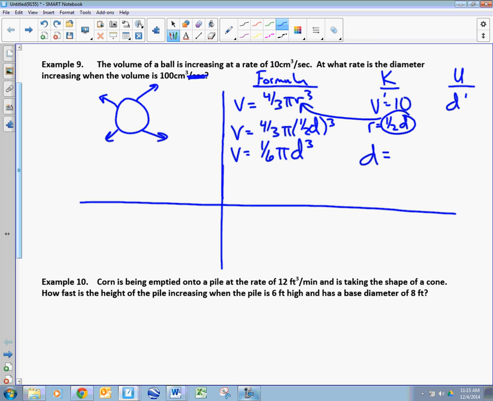Stop. Use the 100, but use what you just created. Did we not just create a formula that instead of solving for R, we would actually be able to solve for D? So use that. Use 100 is equal to 1/6 pi times the diameter cubed. So multiply both sides by 6, divide by pi, cube root both sides.